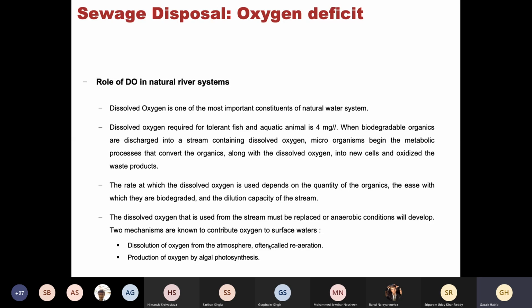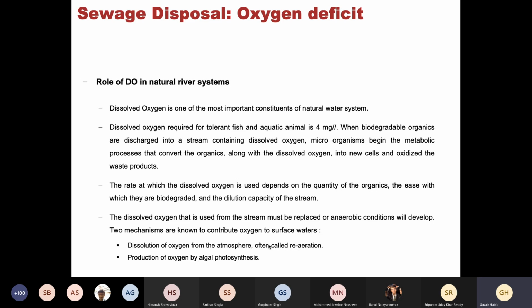In this way the dissolved oxygen of the mix will decrease. But at the same time, natural aeration is happening in the river body, and that aeration depends upon the dissolution rate of oxygen in the water and also the temperature of the water body.